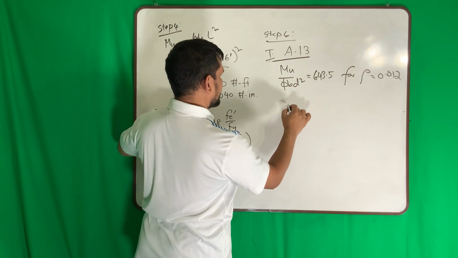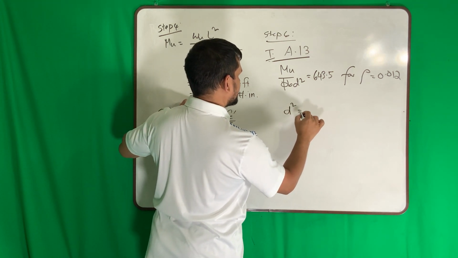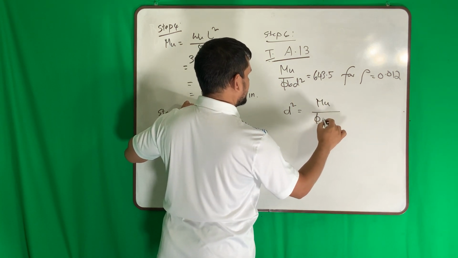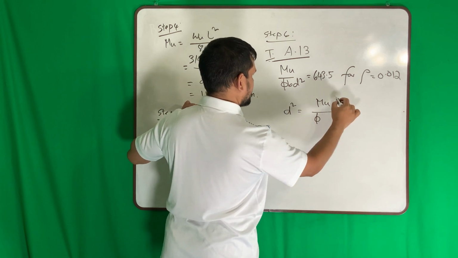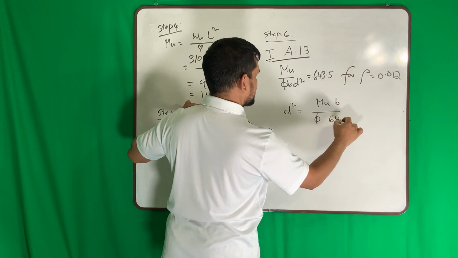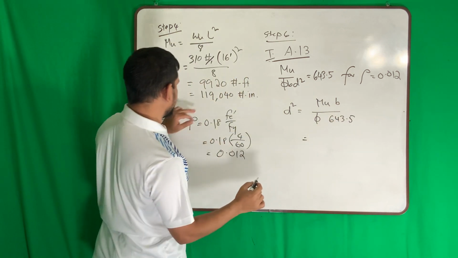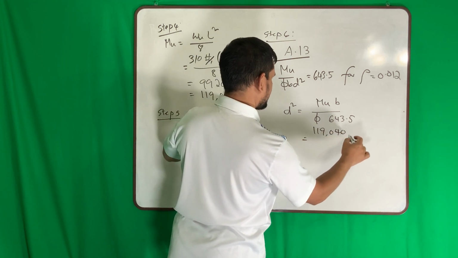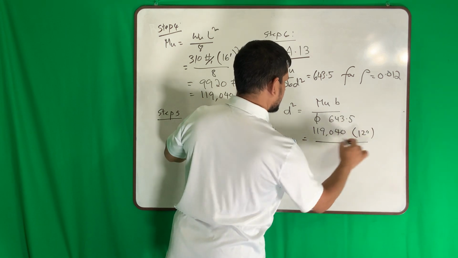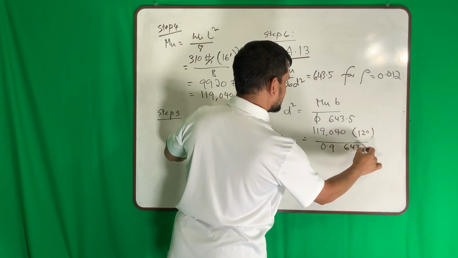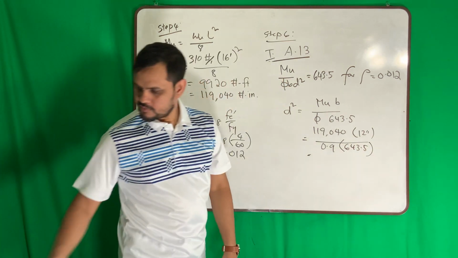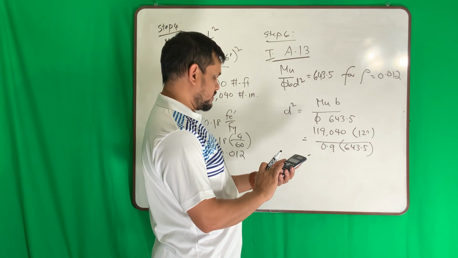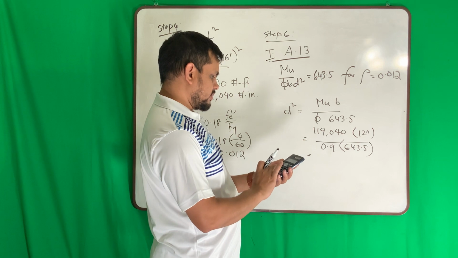So d square is Mu, then phi, then b here, 643.5 here. What is my Mu? 119,040. Then b is 12 inch, phi is 0.9, 643.5. How much is it?